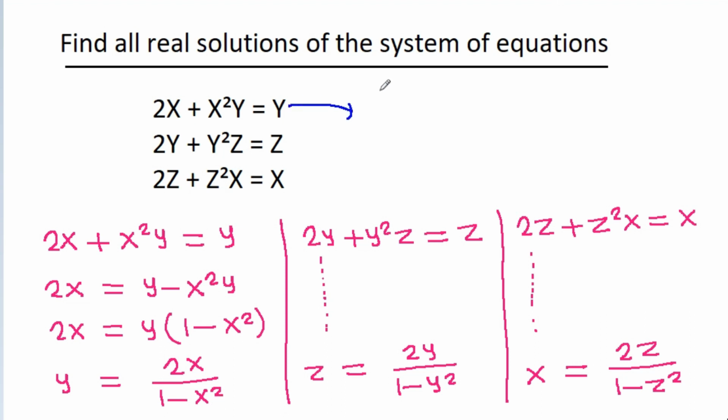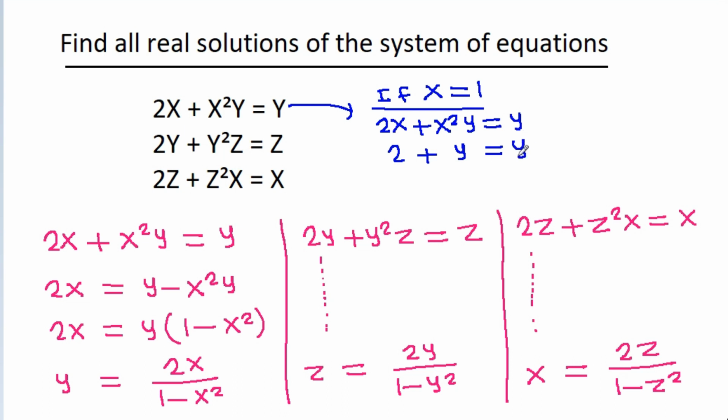From here, if x is equal to 1, then 2x plus x square y is equal to y, and it will be 2 plus y is equal to y, and y will get cancelled, and it is 2 is equal to 0. That is not possible.